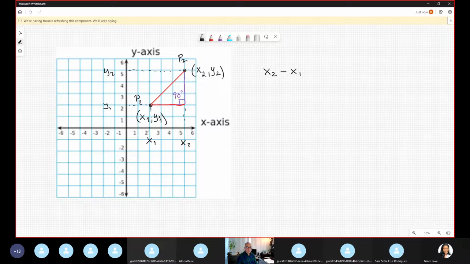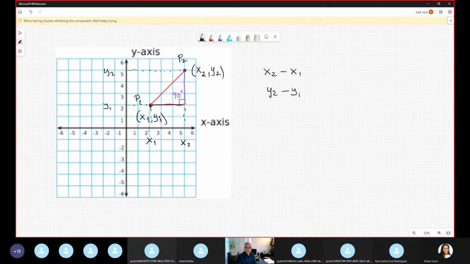So this segment is x2 minus x1, and this segment is y2 minus y1. Together they form a right triangle, so we can apply the Pythagorean theorem.